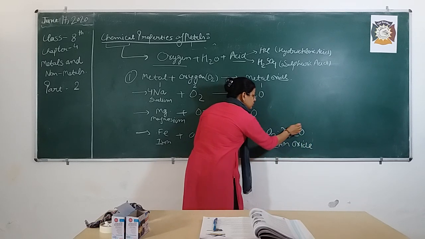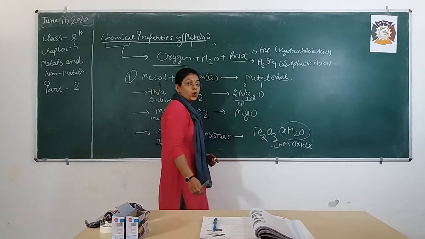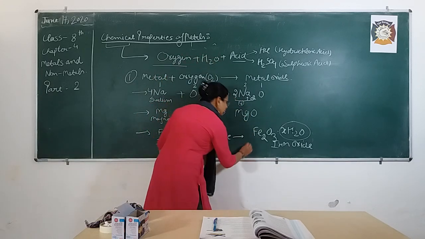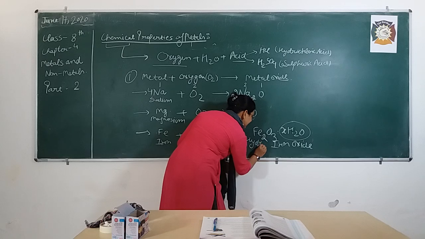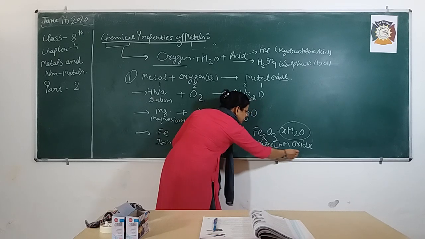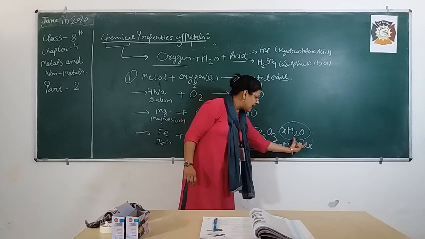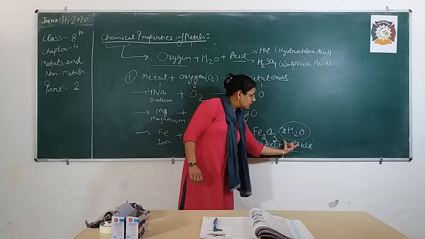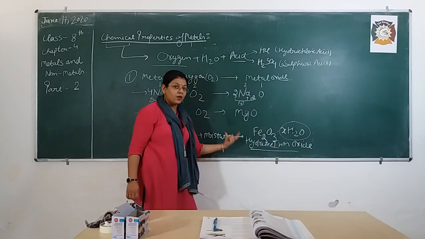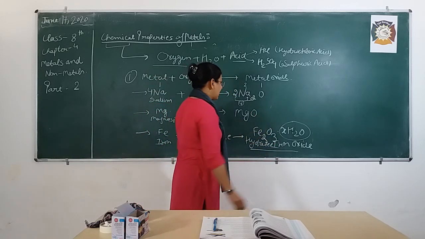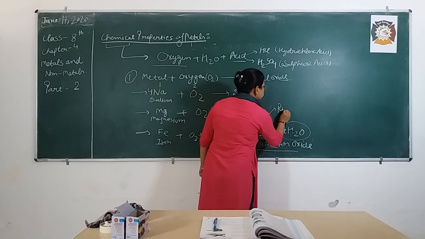And after this dot, this xH2O represents the presence of water. Very good. So it is hydrated. The name of this particular compound is hydrated iron oxide. And another name for this is rust.